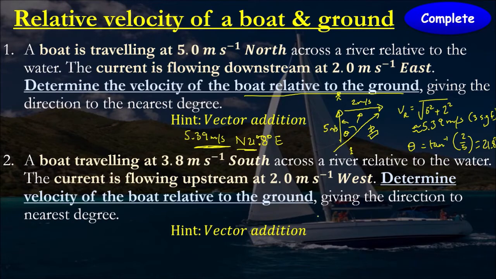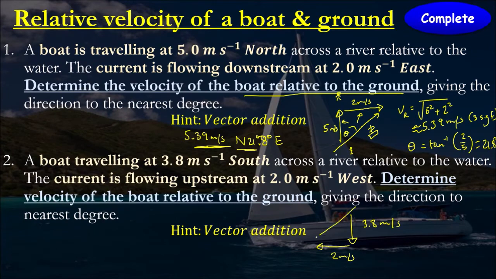Now question 2 goes through a very similar idea, so I'm not going to go through the calculations entirely. You can see it in a second. But if I was to draw it out, our boat is going south at 3.8 meters per second, and the stream is flowing west at 2 meters per second.